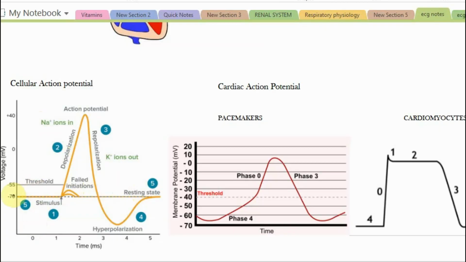Now, in physiology we denote this in the form of a graph in which the y-axis is voltage and the x-axis is time. Now, when we plot a graph, don't freak out if you see such a pattern. It's quite easy when you try concentrating on it. Now, the resting membrane potential you can see over here is minus 70 millivolts.